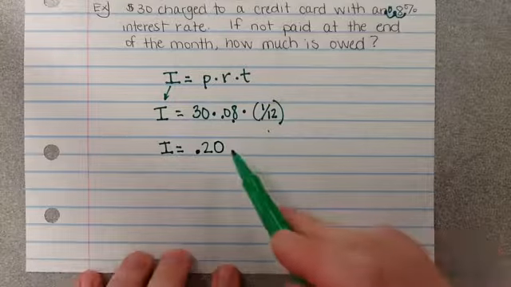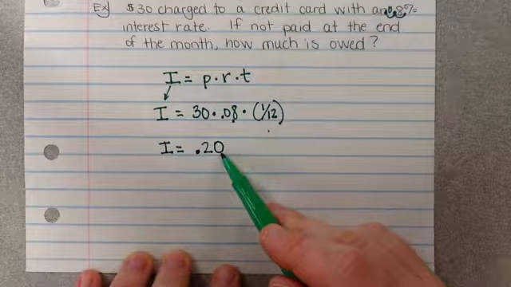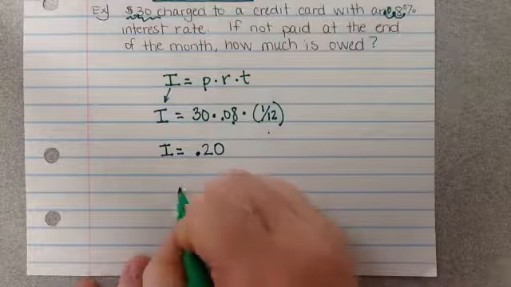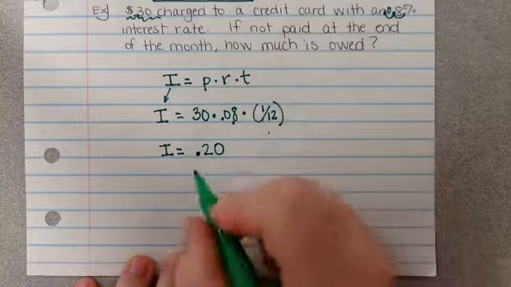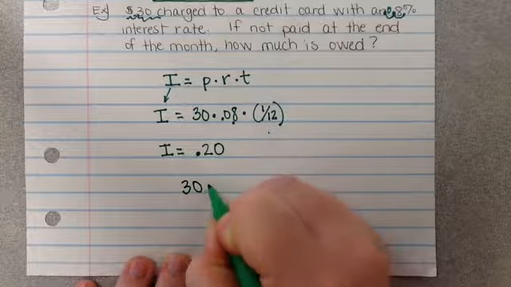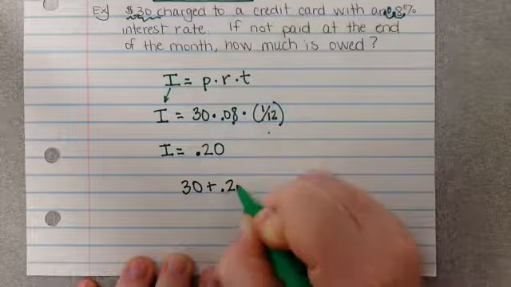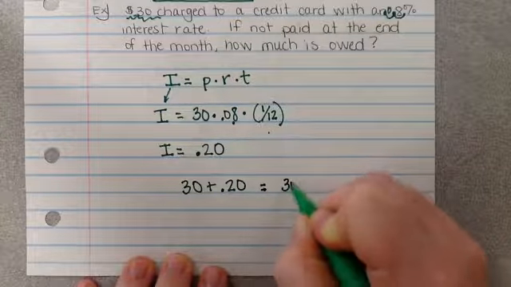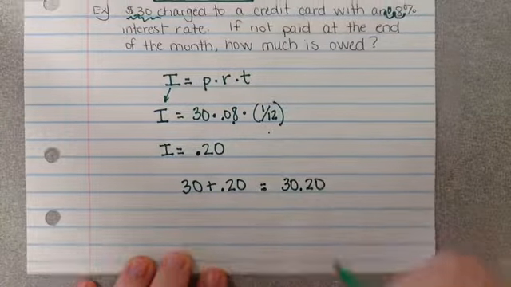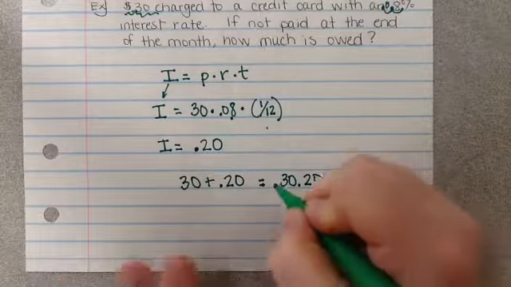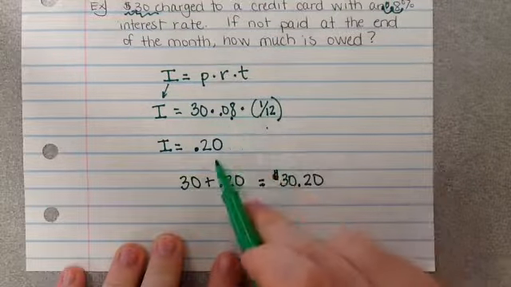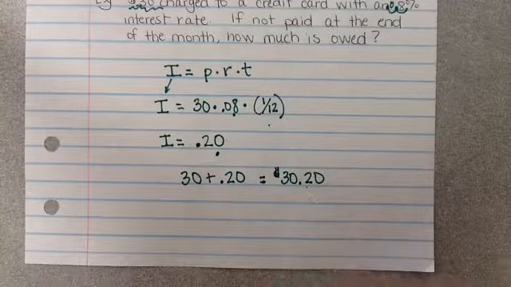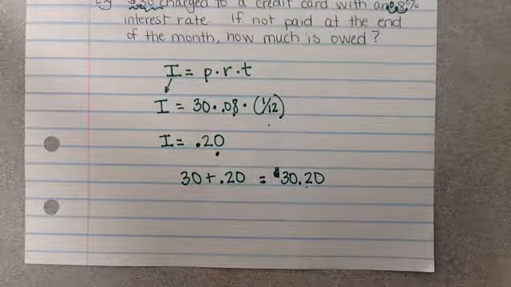So not only do I now have to pay the 20 cents, but I still have to pay the 30 that I started with. So the question asked how much is owed. Well, I owe the $30 plus the 20 cents of interest. My bill now would be $30.20. So figure out how much extra in interest you'd owe. Add that on. We now would owe $30.20.